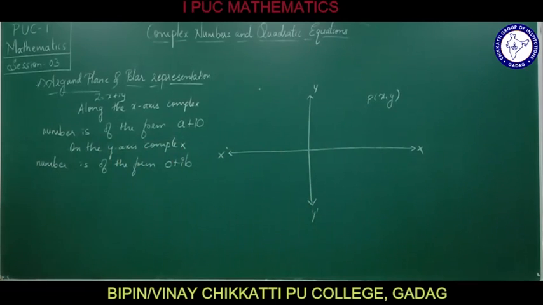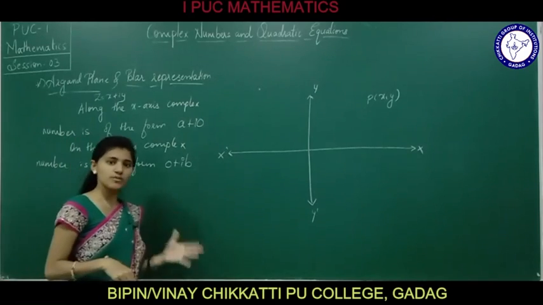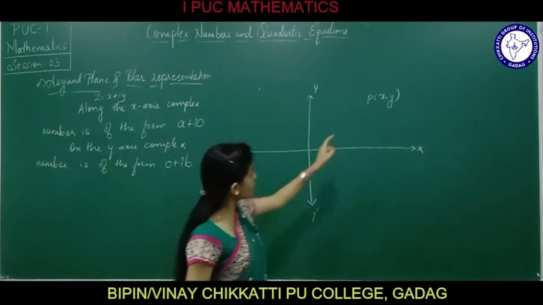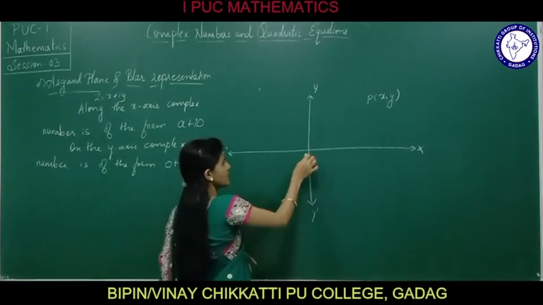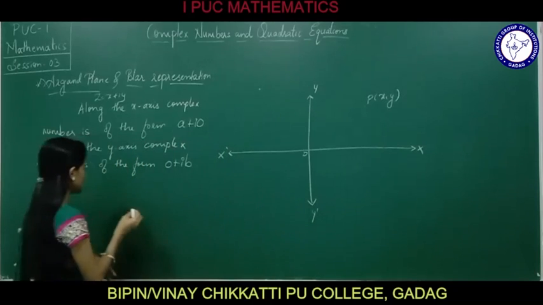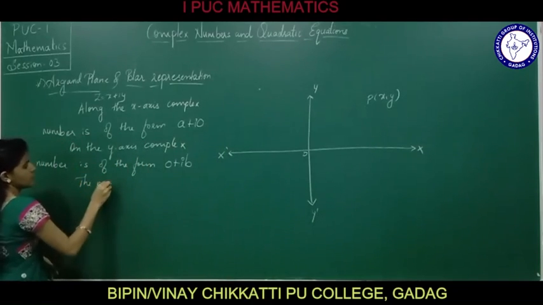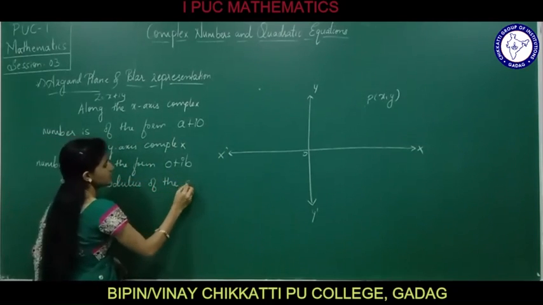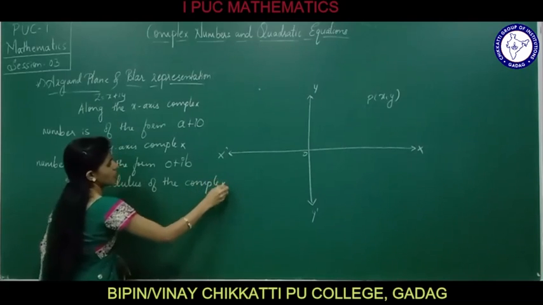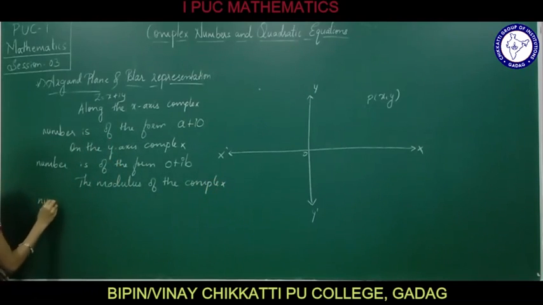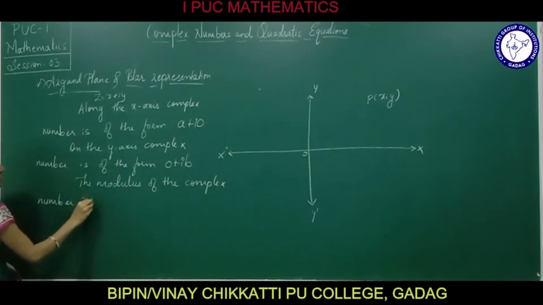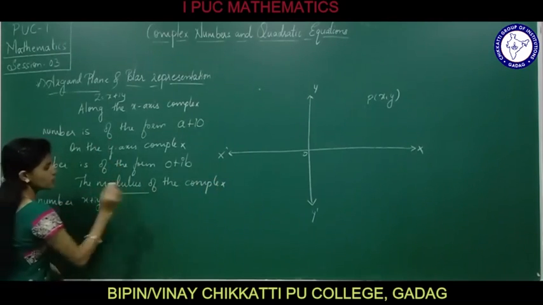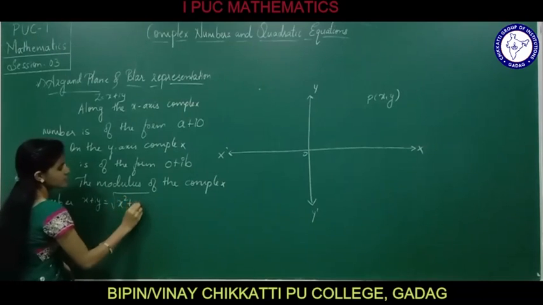Then in this xy plane, in the Argand plane, the modulus of this complex number. How are we going to write the modulus? Modulus is nothing but the distance of the point from the origin, right? The modulus of the complex number x plus iy is given by root of x square plus y square.